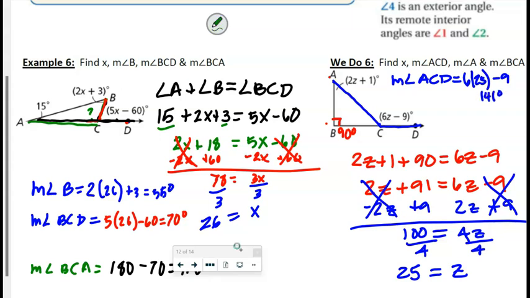Okay, now let's see where the other angle is. Then it's asking us for angle A up here. So this is angle A. So the measure of angle A equals 2 times 25. That's 50 plus 1. So that's 51 degrees, right? Okay. Then it asks us for angle BCA.